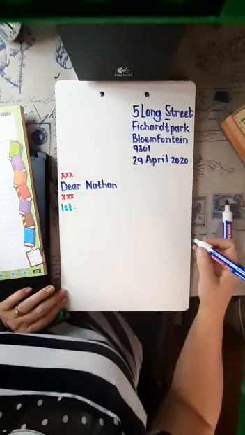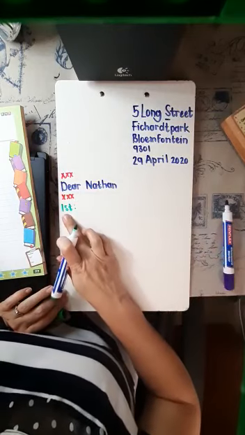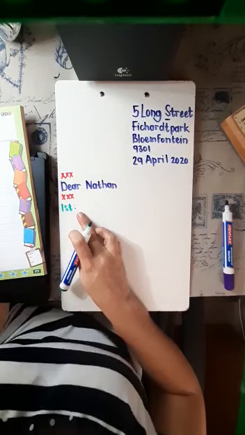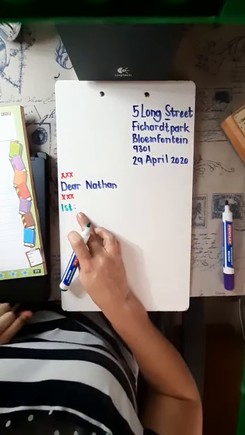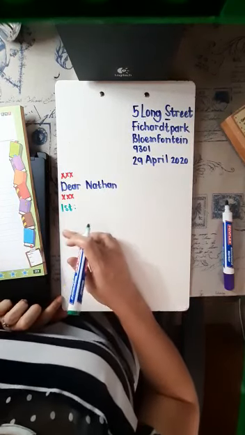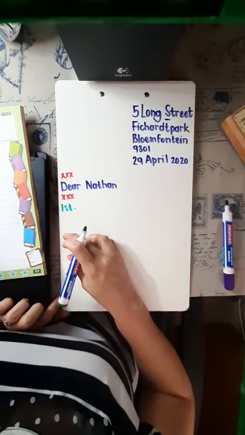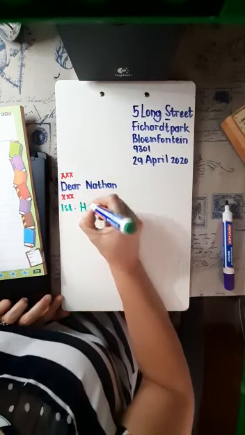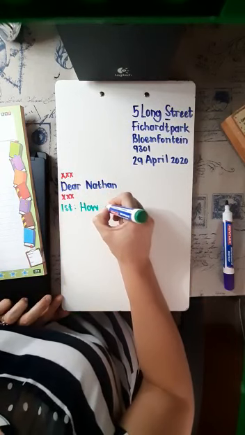Our first paragraph. Remember, do not write first paragraph here. This is just to show you that it is the first paragraph. This is your introduction. Here you will ask your friend how he or she is. So you can ask a question like, how are you?